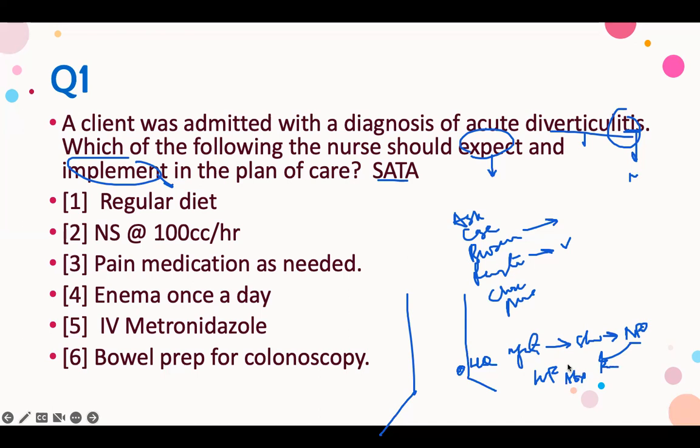Then, because it's an itis, there's inflammation in the colon. This is the colon. There's itis here, so there's inflammation. Any pressure in the GI tract will cause perforation. They are already perforated with diverticulitis, a small perforation. That's why they have inflammation.